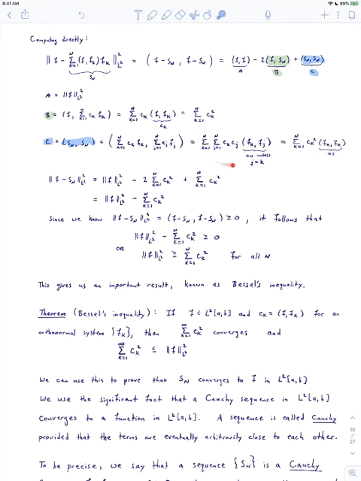So that means it might look like there's a double sum here, but there's really only one sum, because if you look at this inner sum, every term is 0 except for one, the one where j is equal to k. So this inner sum, there's only one non-zero term there. That's where j is equal to k.